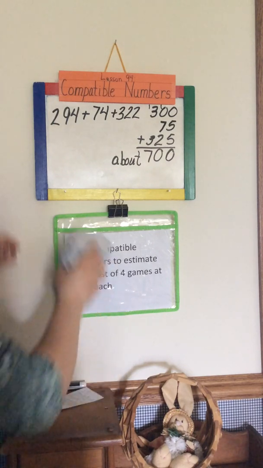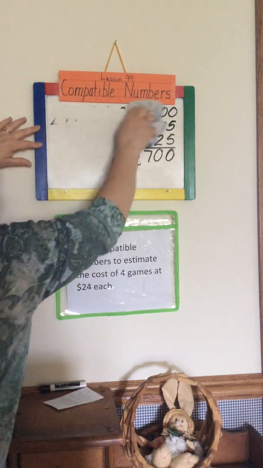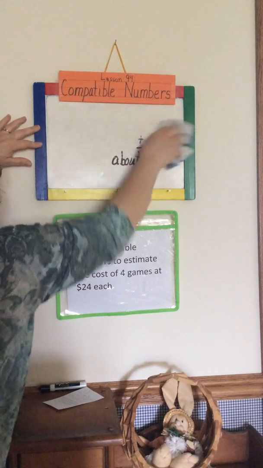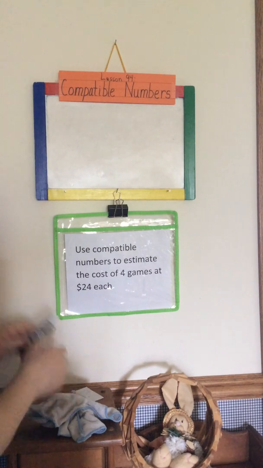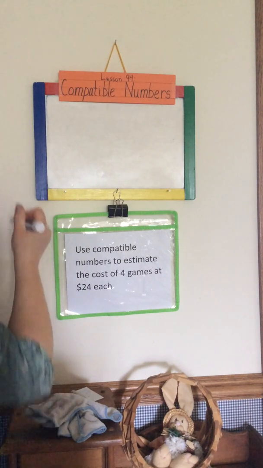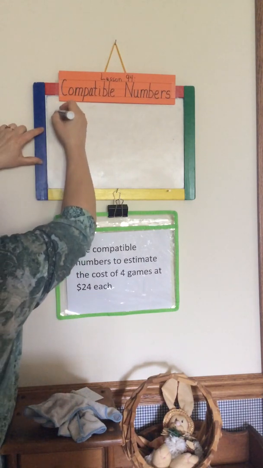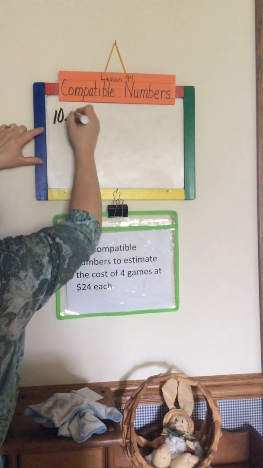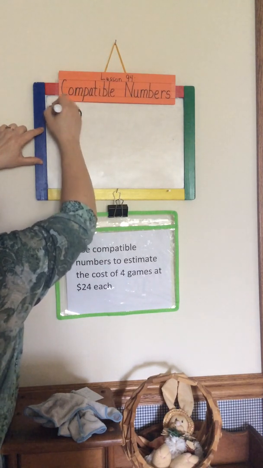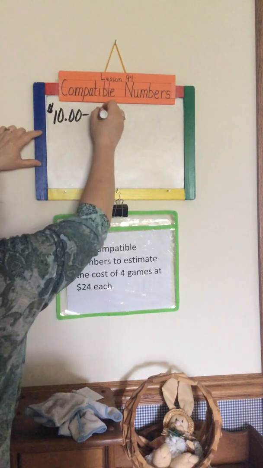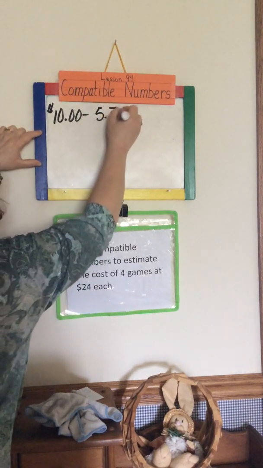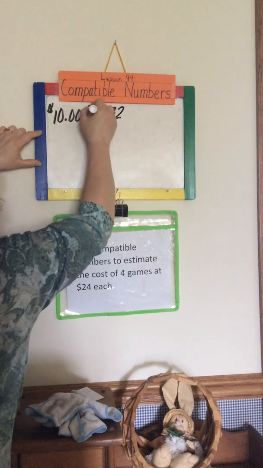Let's do another money problem. This time we're going to subtract. And again, this one has us going sideways or horizontal. So we're going to switch that to vertical because remember, it's much easier and we line up those decimal points.